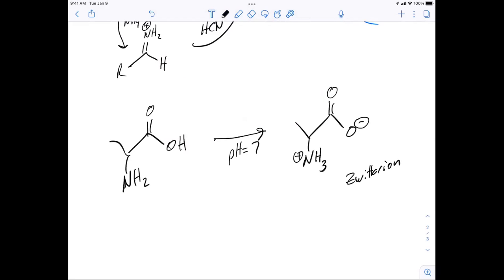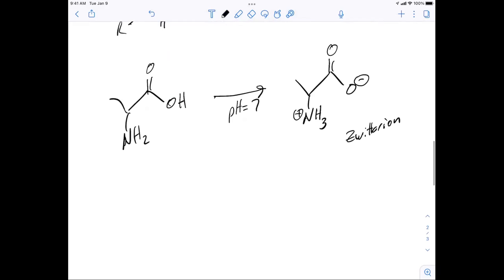So in a neutral pH, the acid actually is an anion, right? And the base, the nitrogen, has the proton, right? So this is your different solutions.